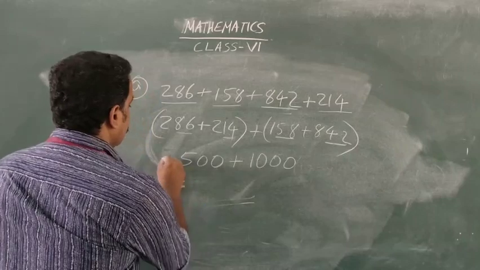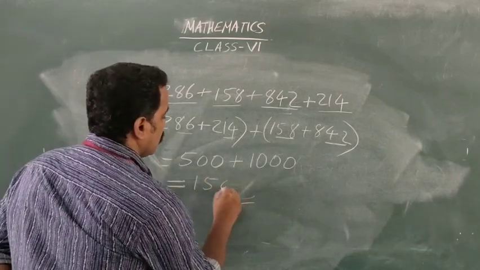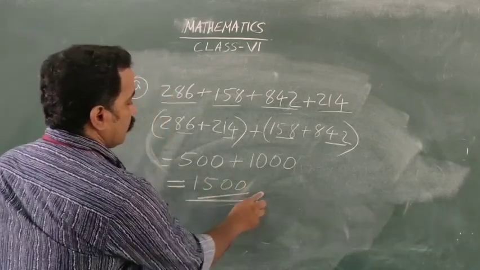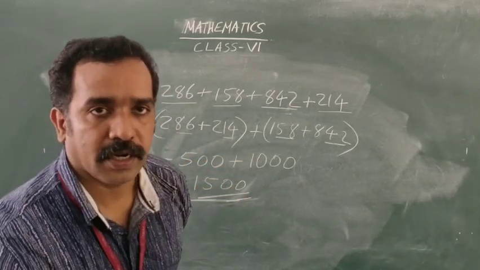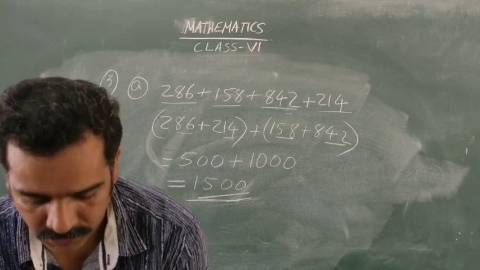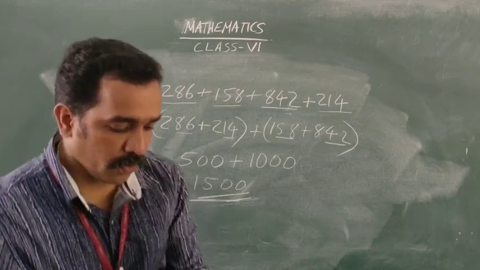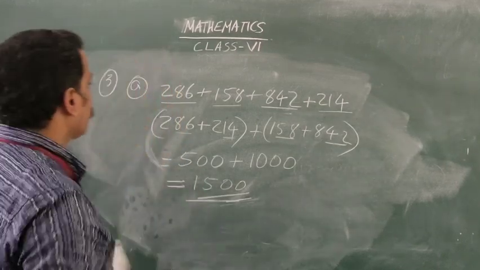So the answer is 1500. So which way is it easy to add? Rearrange and add. That is this question. Now the fourth question.